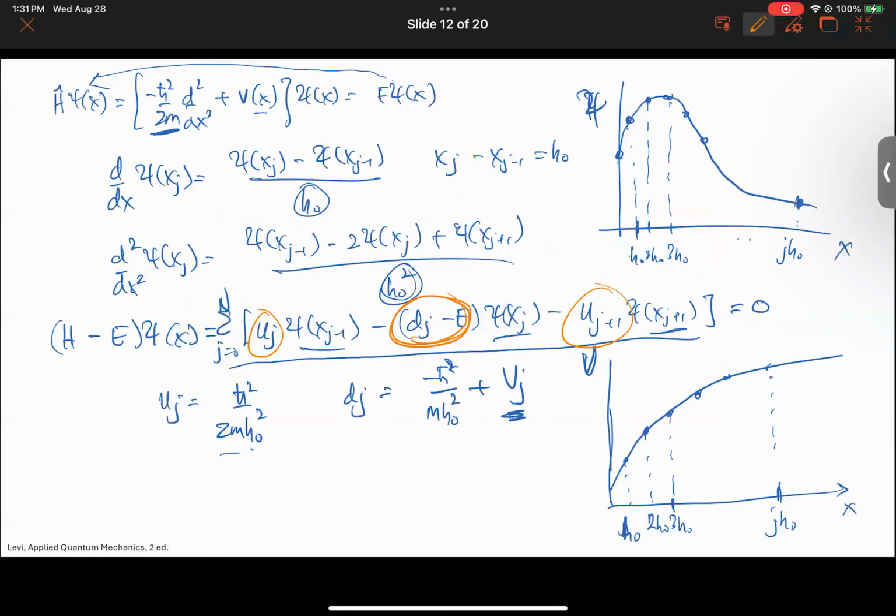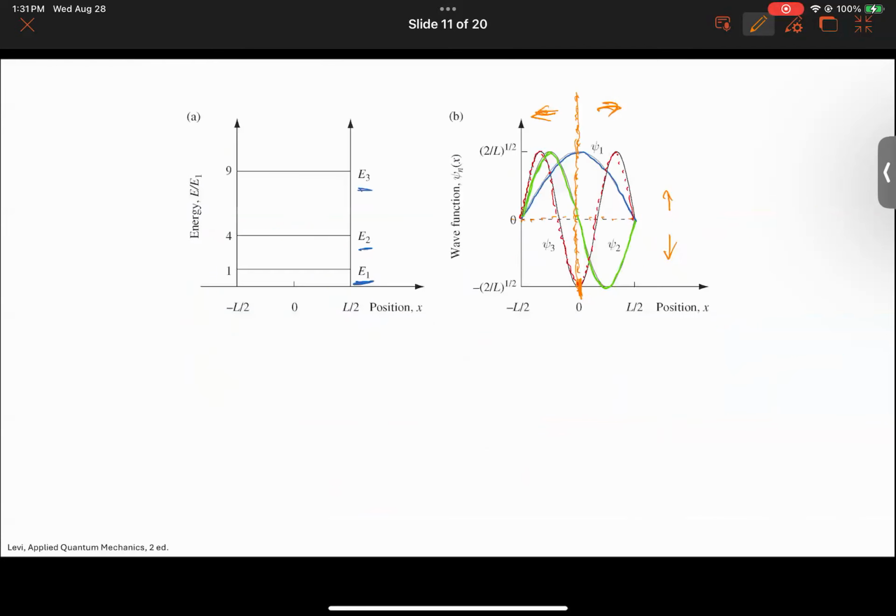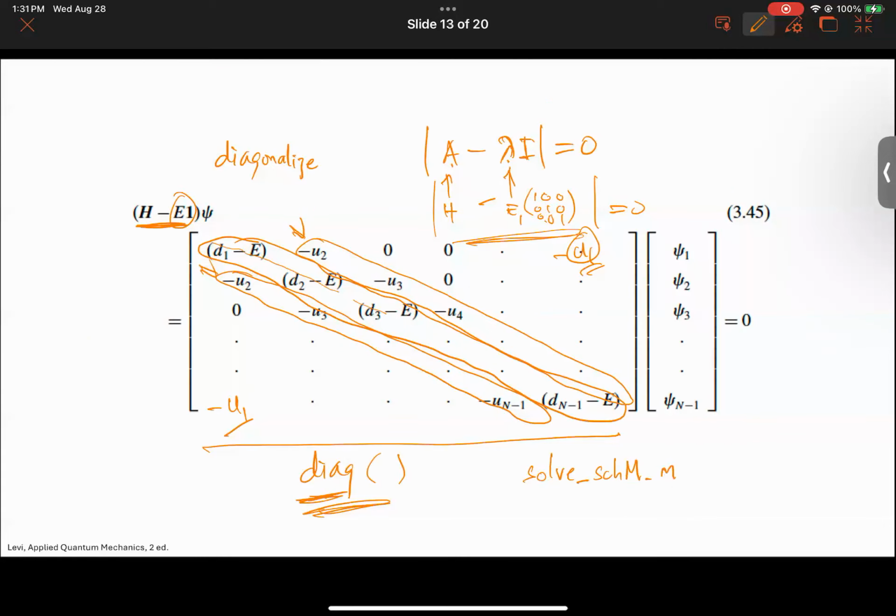If you apply the square wave potential, you'll end up with this graph from the MATLAB code that I will send you.